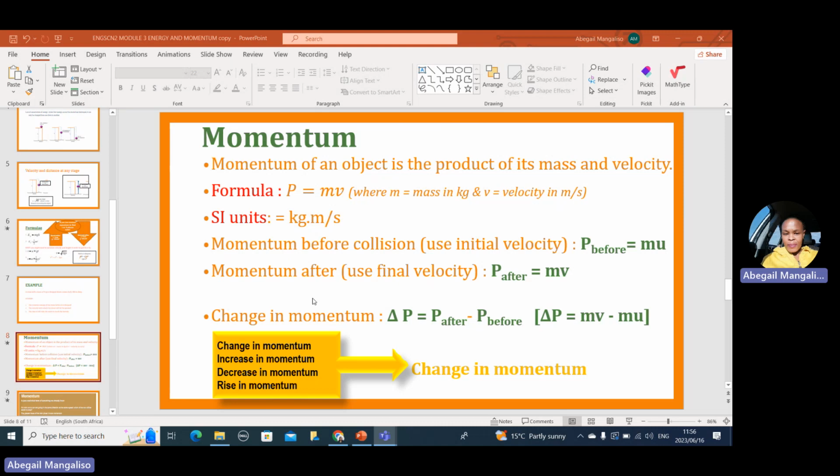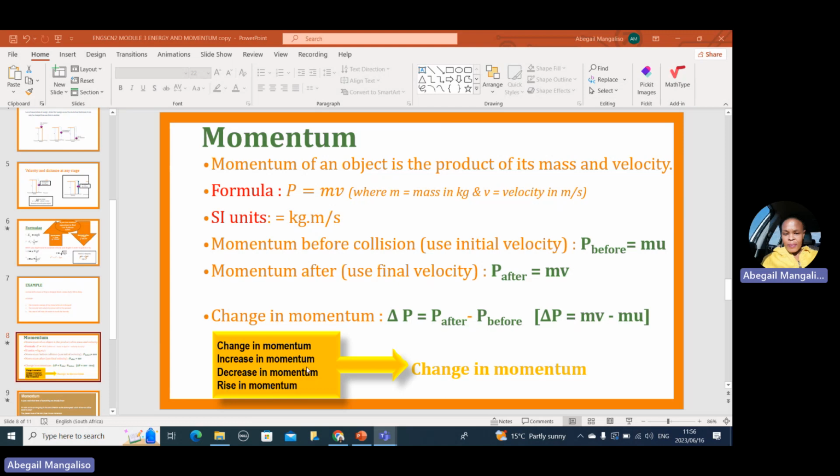The symbol to denote the change in momentum is delta P. Delta P equals P after minus P before. The symbolic expression will be delta P equals m multiplied by v, which is the final momentum, minus m multiplied by u, which is the initial momentum.